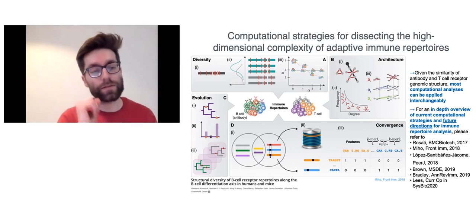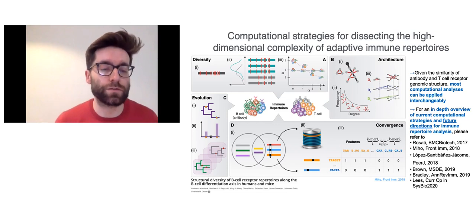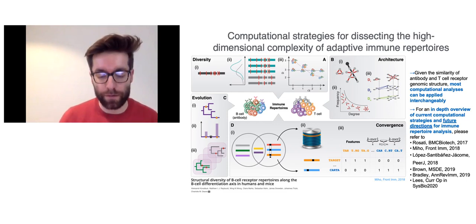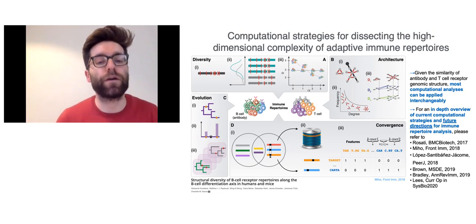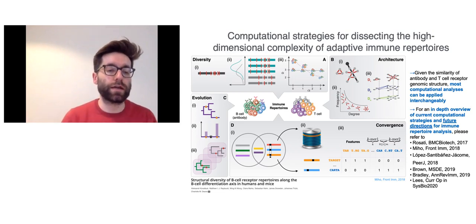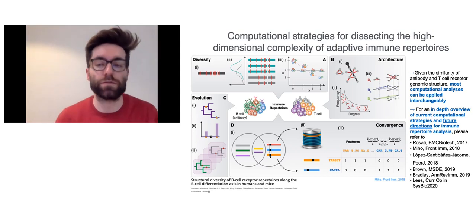There are several approaches that can infer the structure of the antibody from the sequence at quite high accuracy and at very high speed, so that you can look at the structural diversity of entire repertoires, which is very nice.